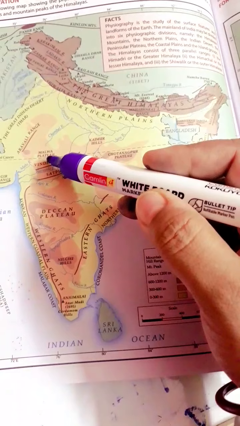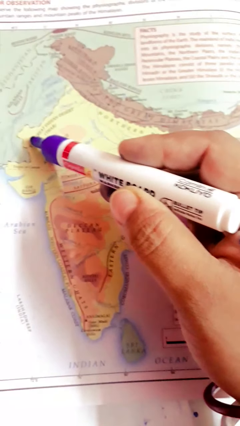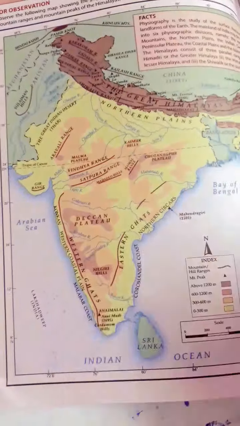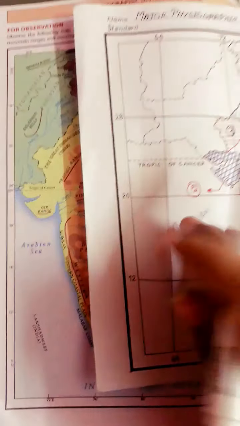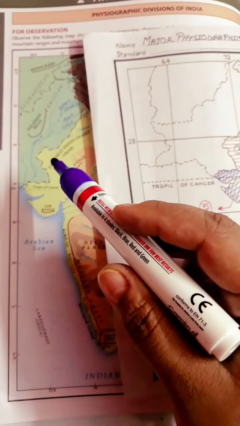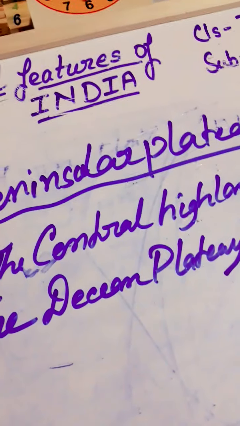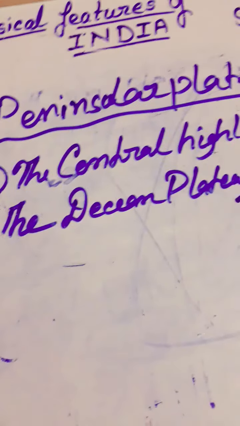Okay, and this is known as the Malwa Plateau. The Great Indian Desert is located in that area. We have demarcated it in number 3 portion, look at this portion. This portion looks like the Great Indian Desert. So when you read this chapter, you must follow this book.